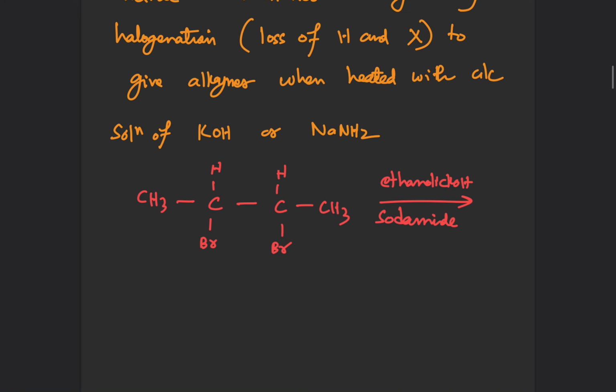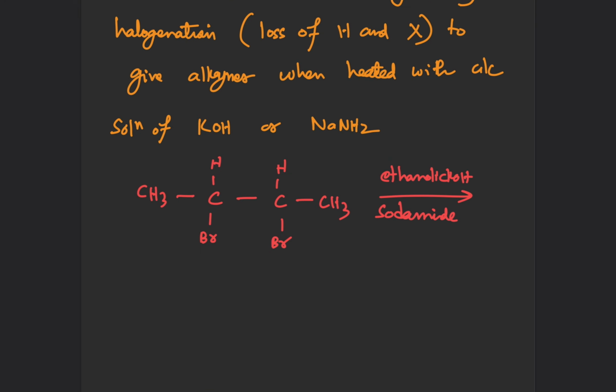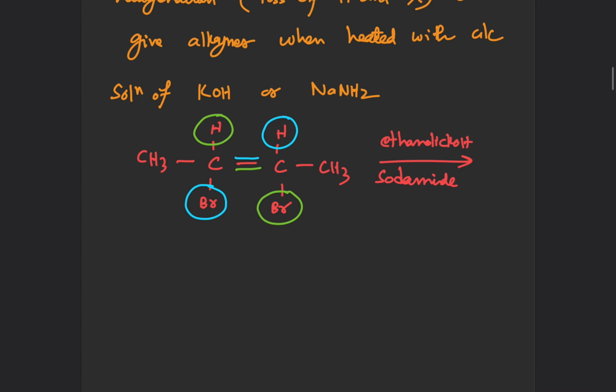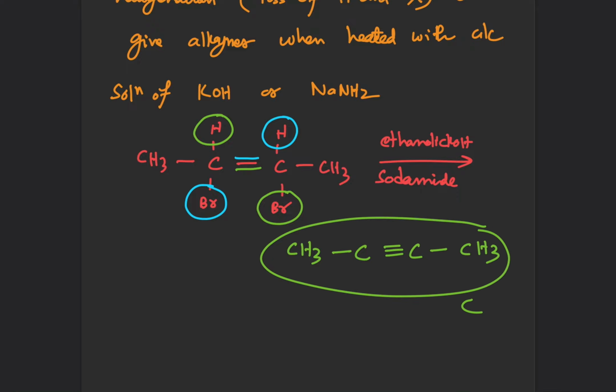Okay, so therefore first, dehydrohalogenation, hydrogen from here and bromine from here goes out, giving us a double bond. Then in the next step, hydrogen from here and halogen from here goes out to give us the triple bond. So therefore, ultimately, the product will be CH3 C triple bond C CH3. So this is our C.